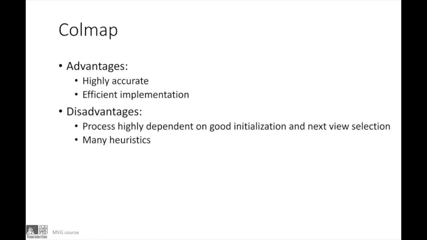Okay, so the second method that I want to discuss is the method of projective factorization. It's much less useful, I would say, but it's more interesting from a mathematical point of view. So let's see what happens there.